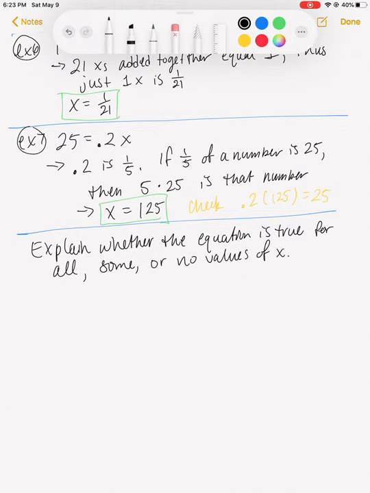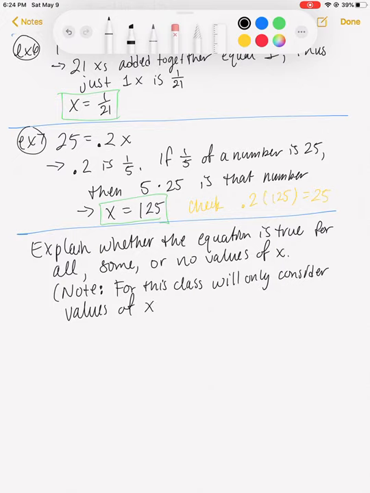I'll make a note here. They don't explain this in the homework, but when you get to this problem in the homework, you need to do it this way. For this class, we will only consider values of x that are positive.